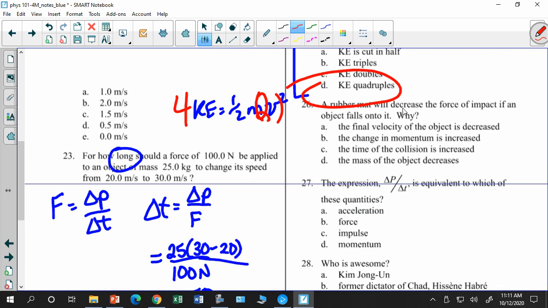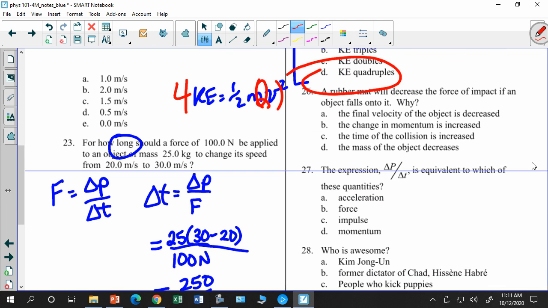All right, you'll have some questions like this where looking at F equals delta p over delta t. Delta p over delta t is equivalent to the force, right? That's just straight from Newton's second law. This is on the equation sheet too, by the way, so you'll be able to see it there. But here, a rubber mat will decrease the force of impact if an object falls onto it.